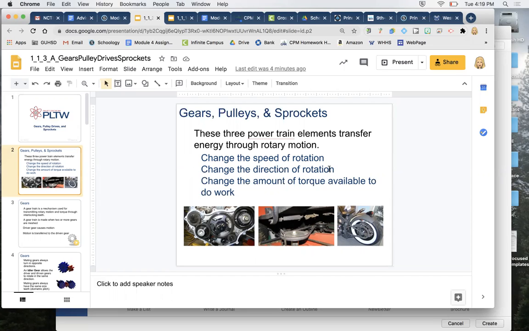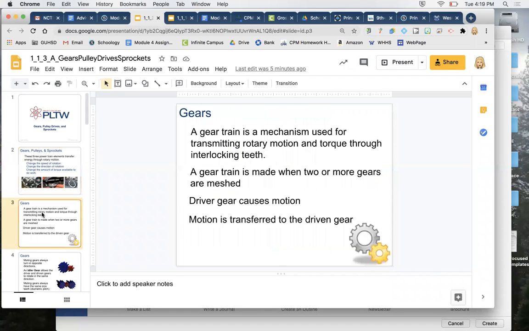We're going to show you how when you use either gears or sprockets, they rotate in opposite directions, or it changes the amount of torque available to do the work. I do want to say something that you will encounter: torque and speed are related inversely with one another, in general.